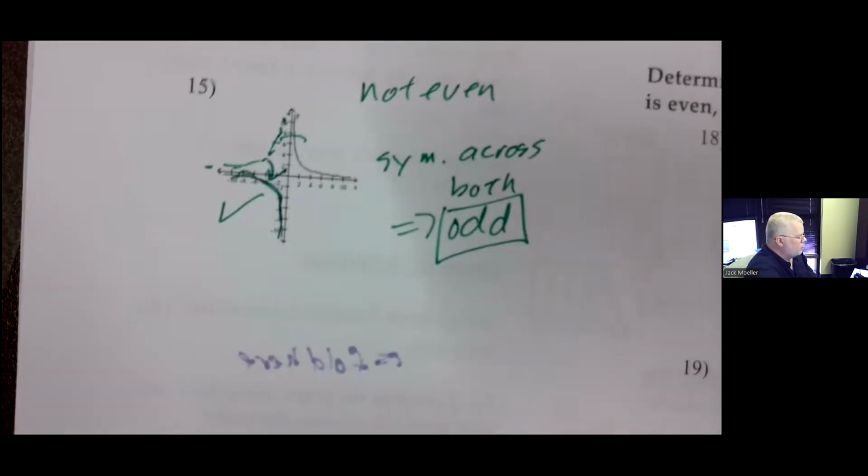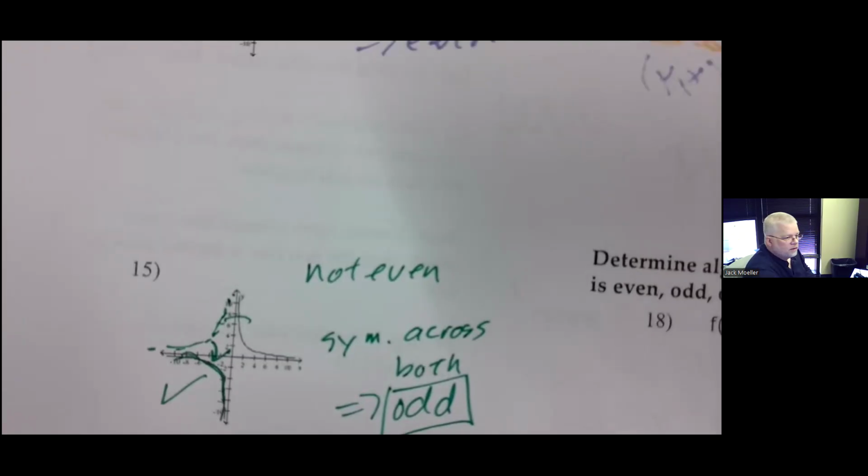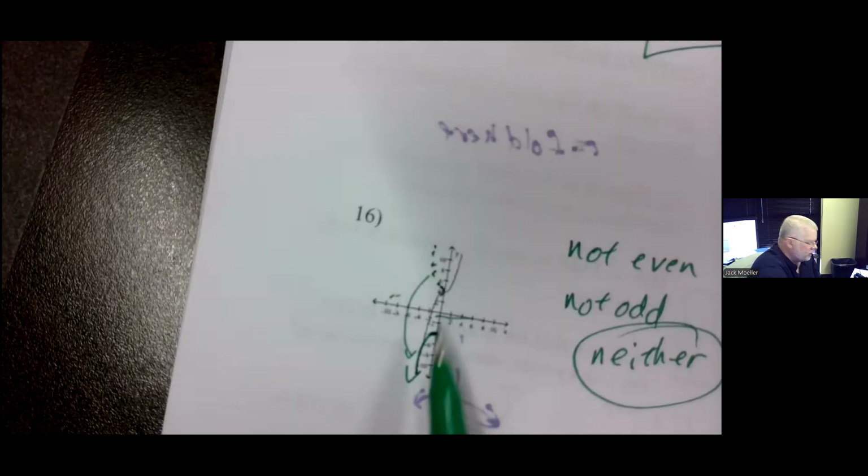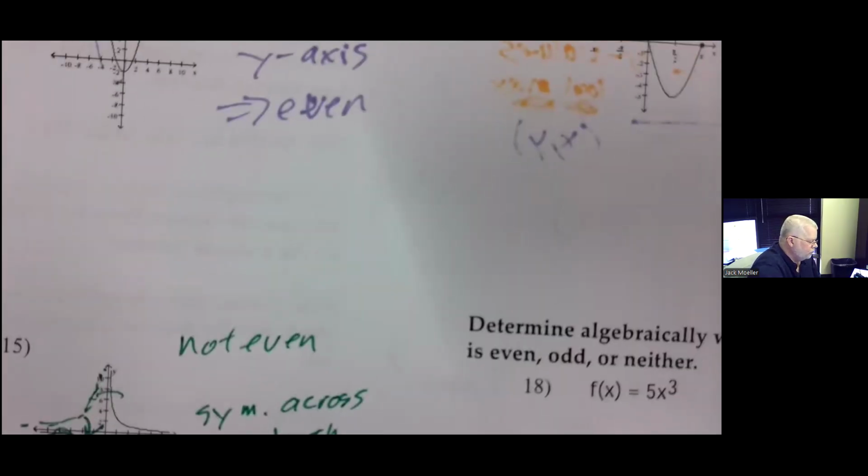So we're looking for nice symmetric stuff for even and odd. If it's like this one, when I look at it, to me, that's off kilter up and down. If that had been right at the origin, then that would have been odd, because the folding would have worked when we did it across both.